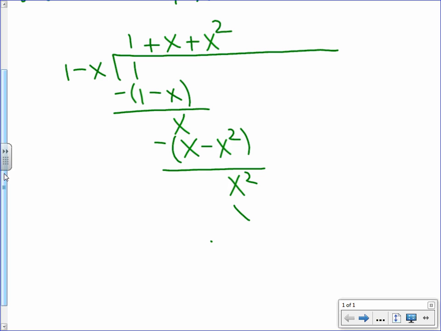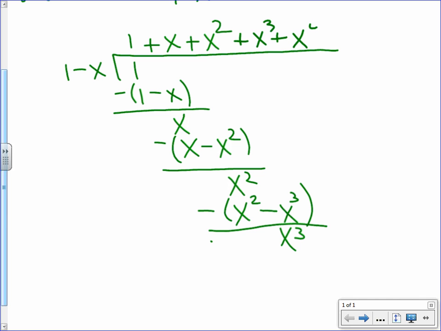So 1 minus x times x squared. Are you remembering how to long divide? What are we left with? Okay, are you guys seeing a pattern? Yes. Plus x cubed, plus x to the fourth, plus x to the fifth, plus x to the sixth.